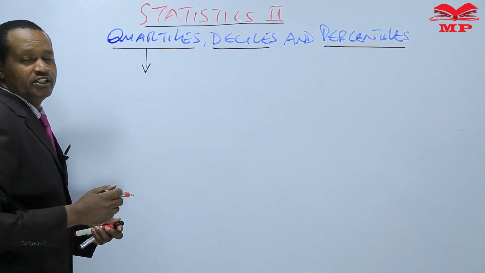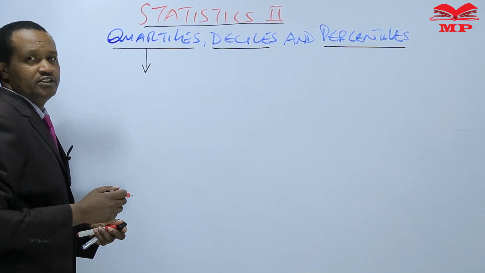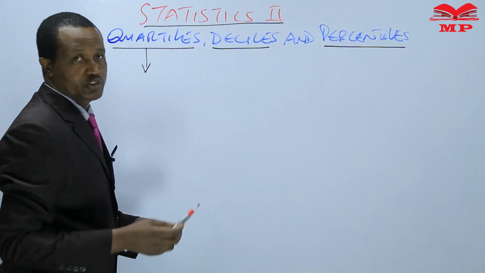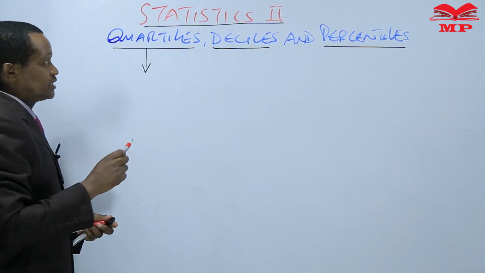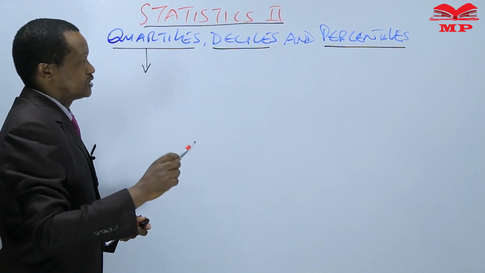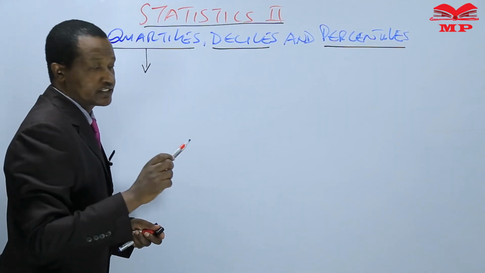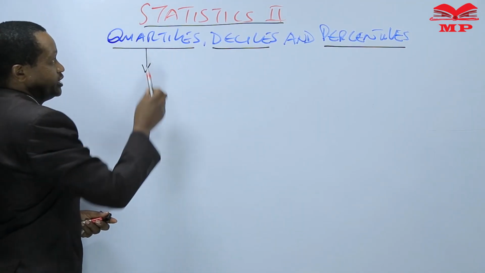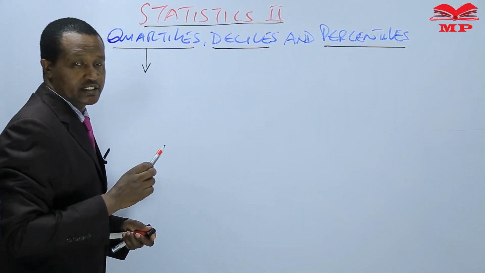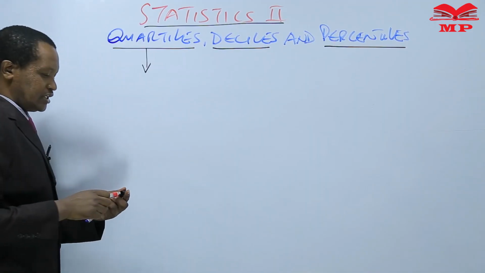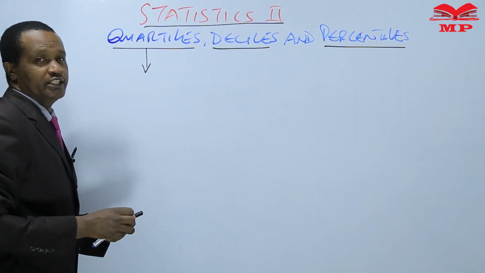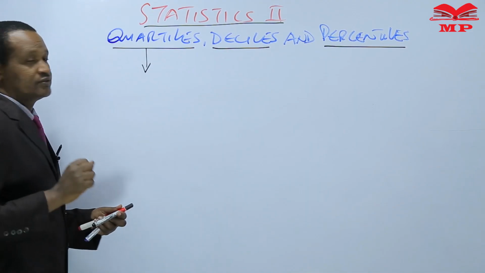We said that a quartile is a value that divides a set of data or distribution into 4 equal parts. 4 quarters. I guess the word quartile comes from quarters. Then I gave you the formula for calculating quartiles.